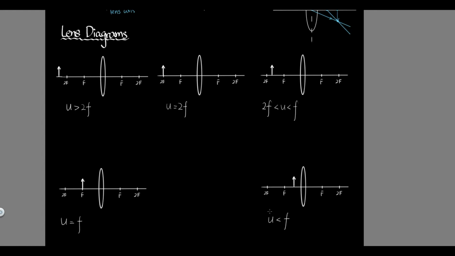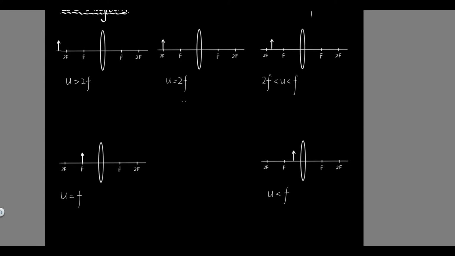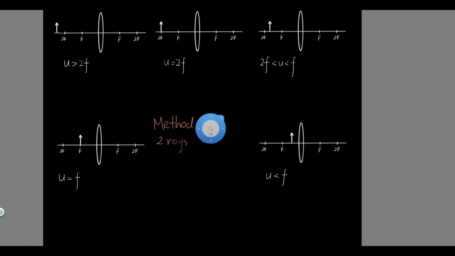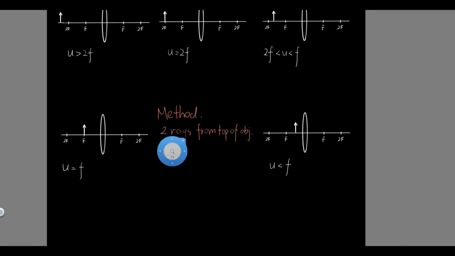So to begin with, I'd like to introduce a common way to draw a lens diagram, and I'll write over here, method. You draw two rays. More specifically, two rays that go from the top of the object.